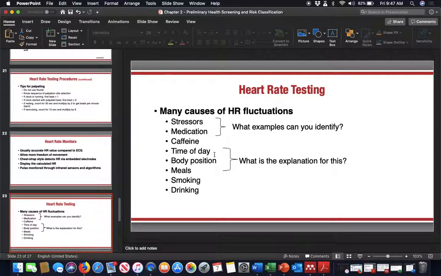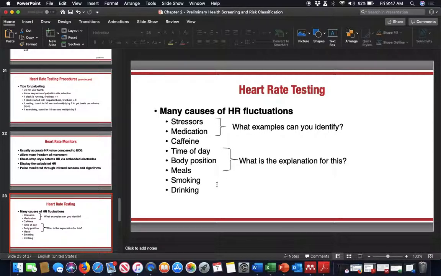All right, so with heart rates, there's a lot of things that can affect it: stressors, medication, caffeine, when you have your caffeine and how much you're having, time of day, and body position. We talked about how body position plays a key role. Lying down will give you the lowest, standing up will give you the highest. Depending upon the time of day, resting is right as you wake up.